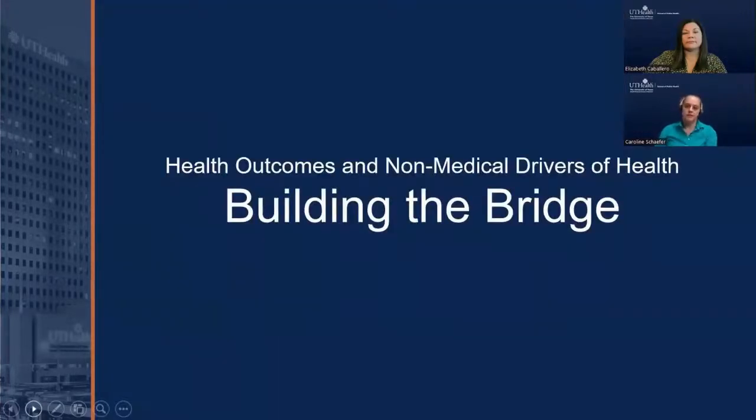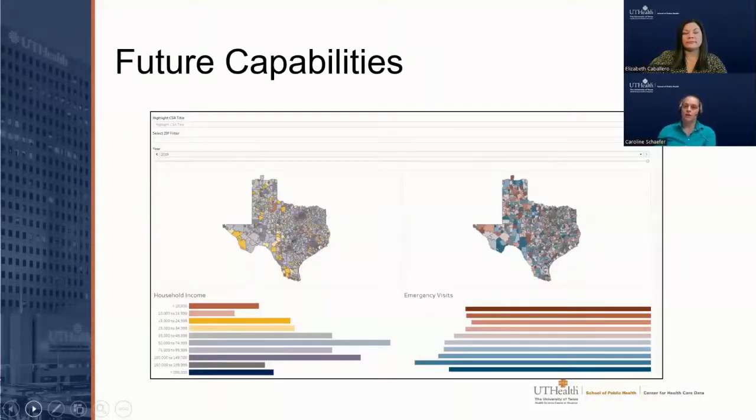Next slide. The goal of this is to really build the bridge between our non-medical drivers of health and the health outcomes that we can see within our claims data. Our goal is one day to have dashboards like this one where people can look at direct relationships and see, is there a relationship between, for example, median household income and emergency visits?